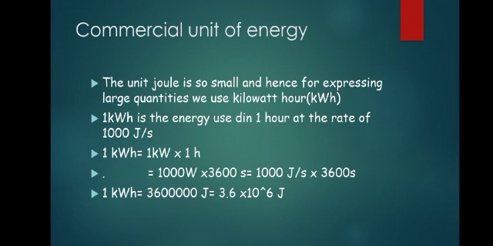Then we studied what is energy, the capacity to do work. After that we studied kinetic energy and potential energy. Then the law of conservation of energy, and in the last part we studied power. These are all the things we have to study in this chapter.